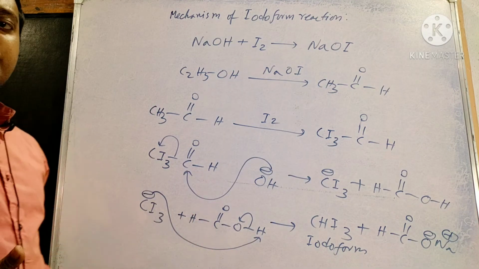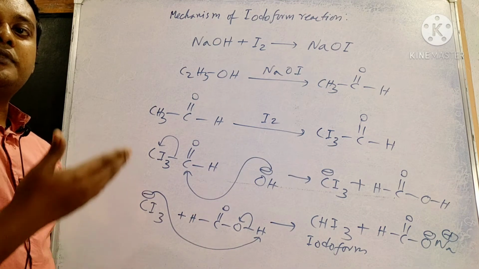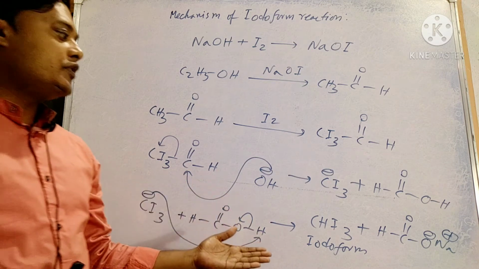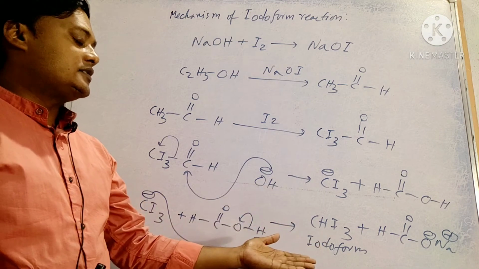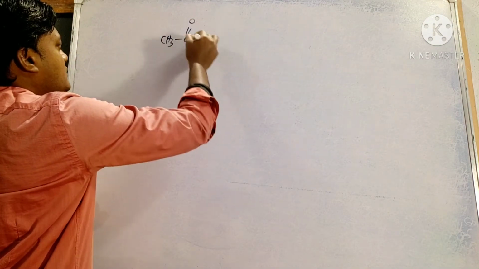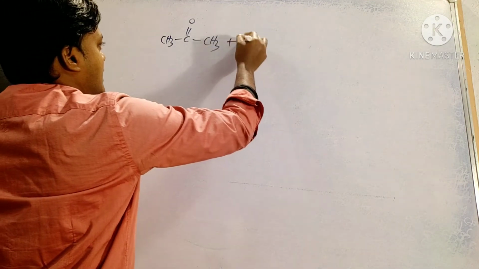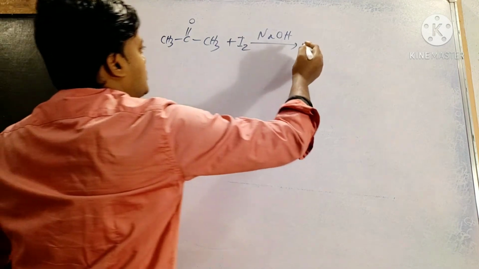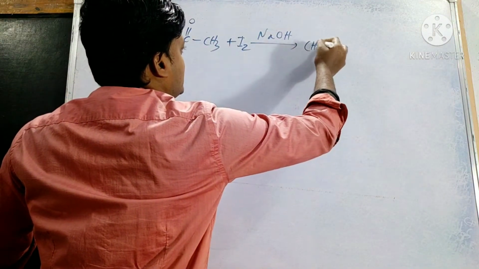We can also prepare iodoform from that acetone. In that case, we will get iodoform and that sodium acetate. Acetone plus I2 in presence of NaOH. So what will be the product?